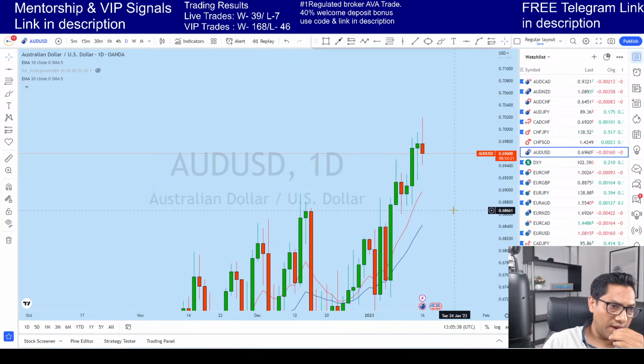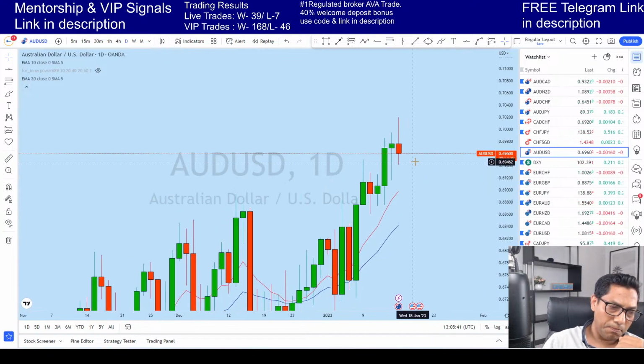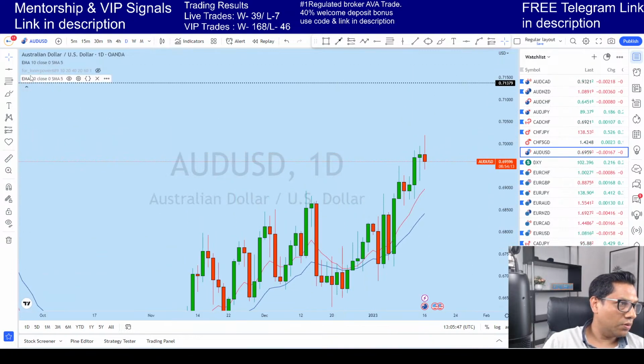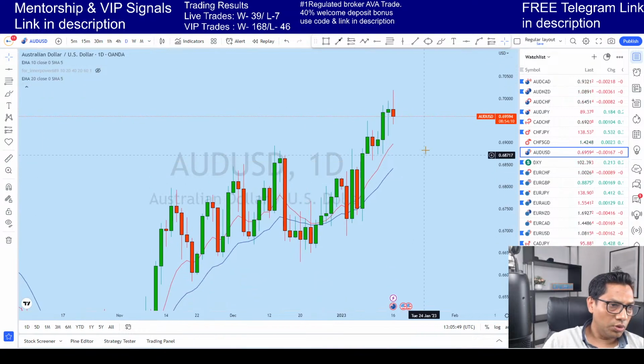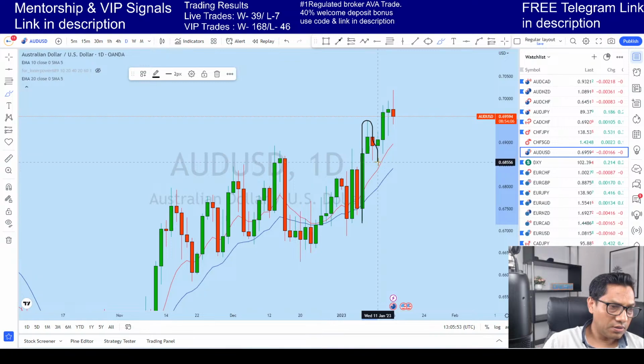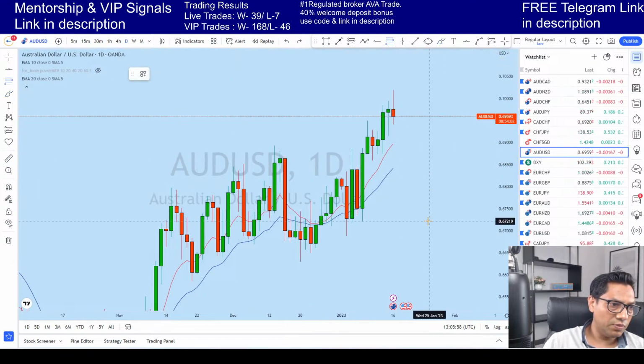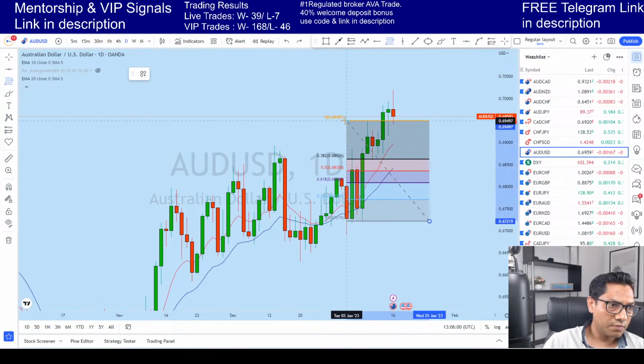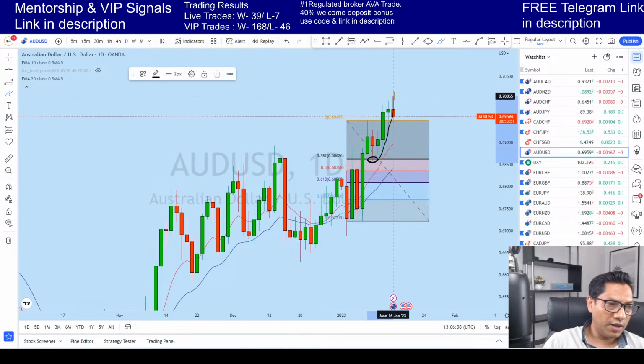But I think AUD USD may not drop further, because from the daily point of view we see a nice-looking impulse and correction, and it is in another impulsive phase. If we take our Fibonacci from this low to the high, you can see the price retraced to the 38.2% Fibonacci level, and from here has gone up again.